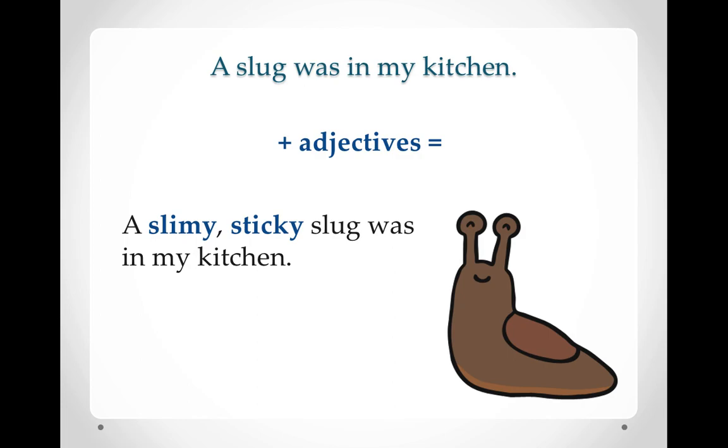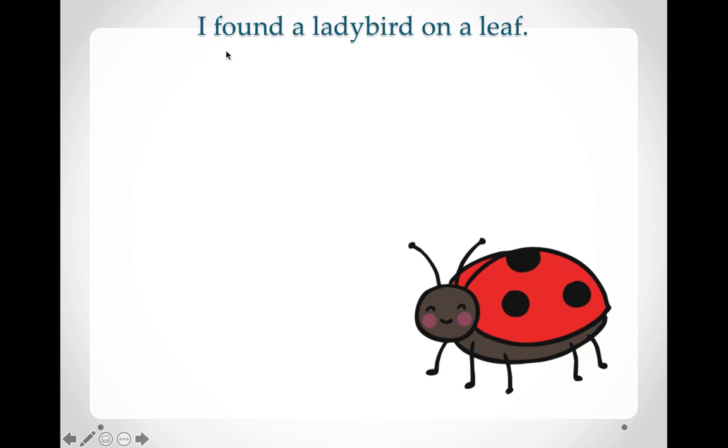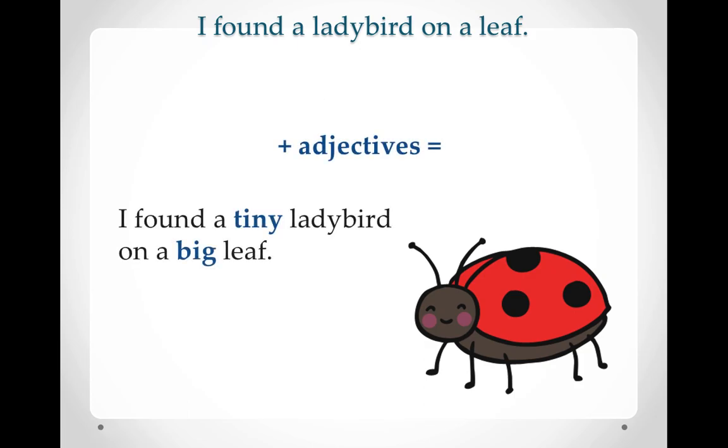These are the words that we use to describe the noun. I found a ladybird on a leaf. Now, if I add adjectives to the sentence, I found a tiny ladybird on a big leaf. The adjectives that I used, or the describing words that I used, are tiny and big.